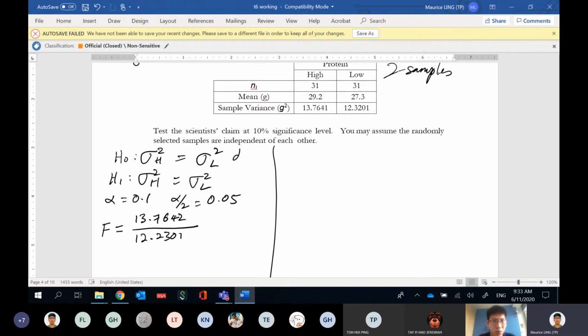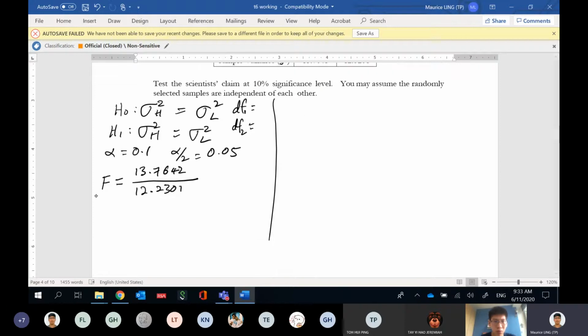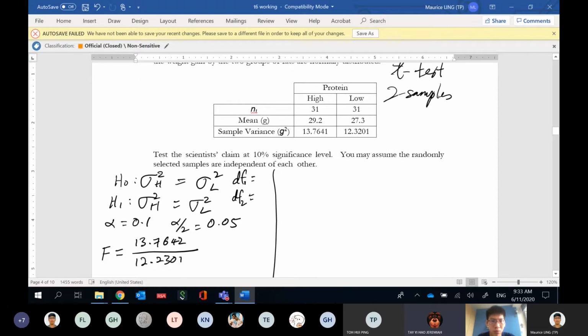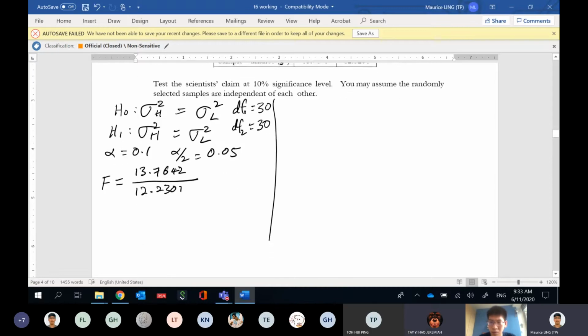So what is the first degrees of freedom and second degrees of freedom in this case? Your F distribution has 2 degrees of freedom. But they are both 30, right? Yeah, both 30. Luckily in this case, both 30. Because it may not be both 30, and that will make a difference.